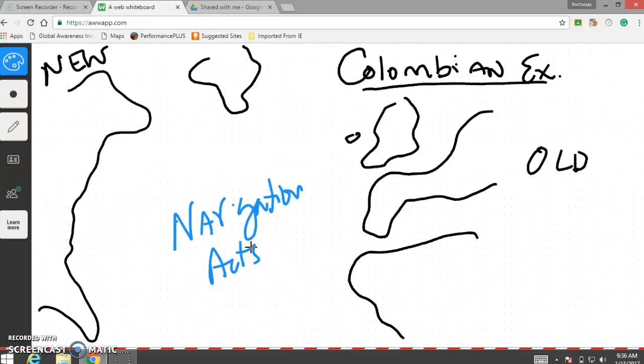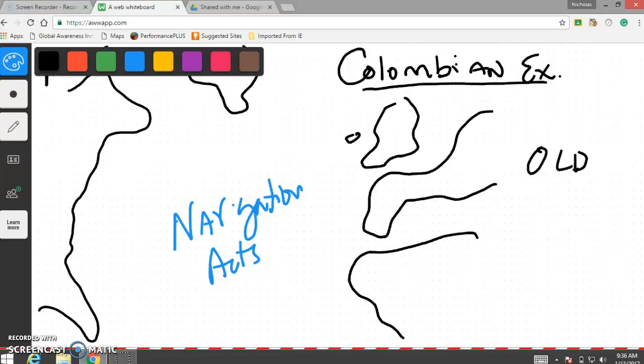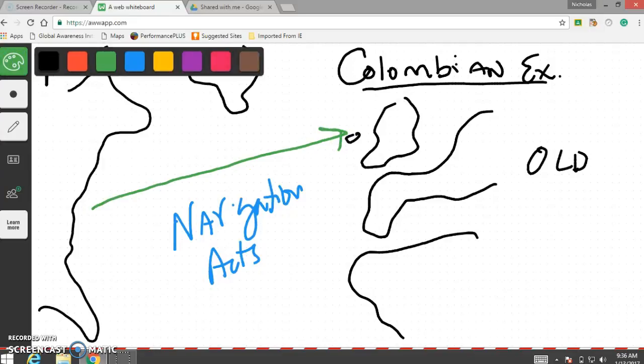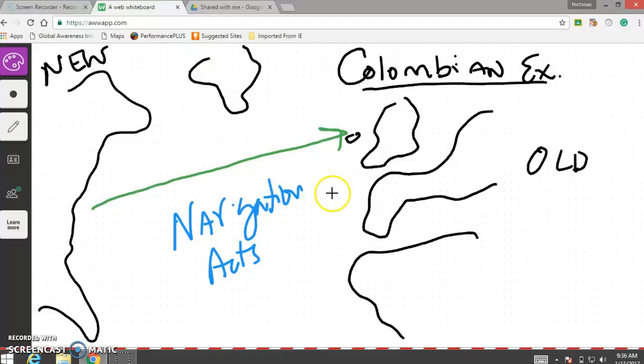Okay, and these laws required their North American colonies to trade only with English businesses. And so what started to develop is we started to see natural resources go from North America over to England. We started to see manufactured goods be traded from England to Africa and back to the colonies.